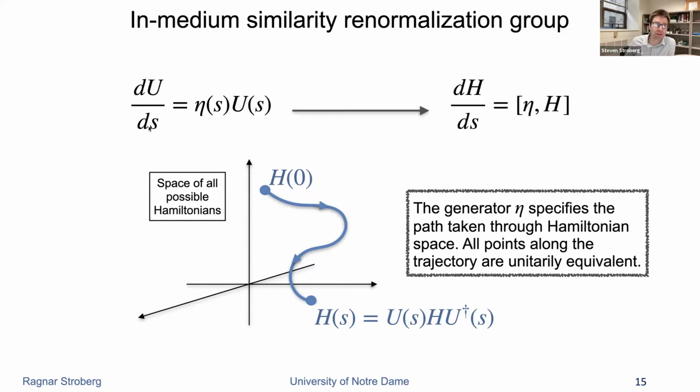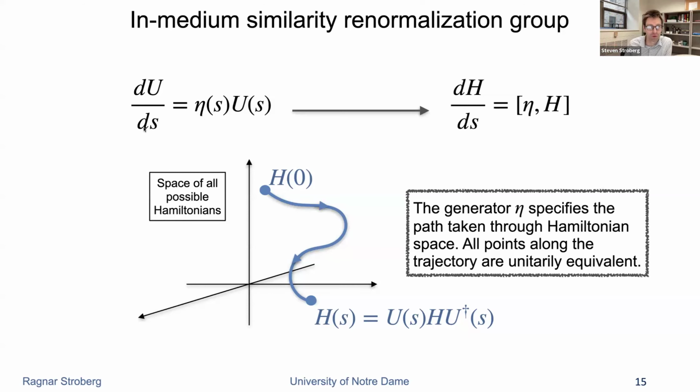And so you say that the unitary transformation obeys a differential equation dictated by the action of something called a generator on the unitary transformation. Initially the unitary transformation is 1, because you're starting at your initial Hamiltonian, and this tells you how it changes as long as you've selected a generator.